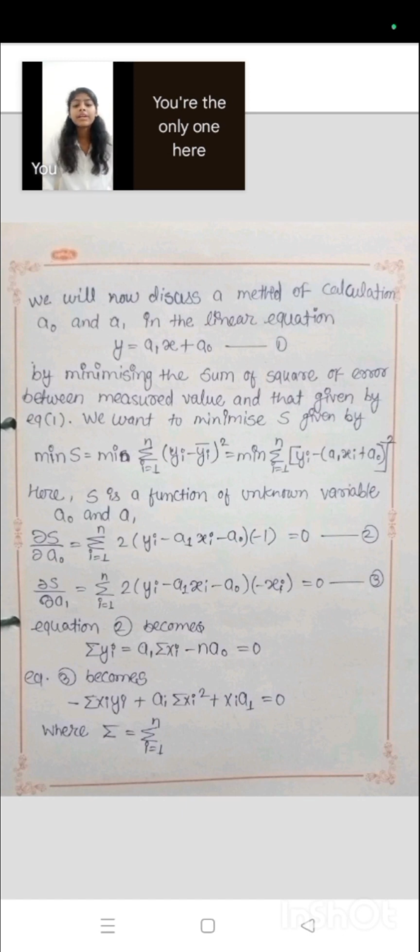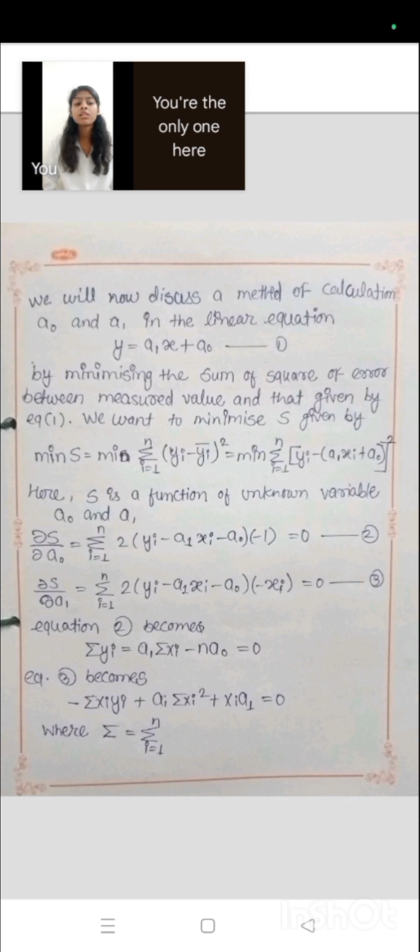So the derivative of S with respect to a0 is equal to the summation for i = 1 to n of 2 into (yi minus a1 xi minus a0) into minus 1, equal to 0, and the derivative of S with respect to a1 is equal to the summation for i = 1 to n of 2 into (yi minus a1 xi minus a0) into minus xi, equal to 0.